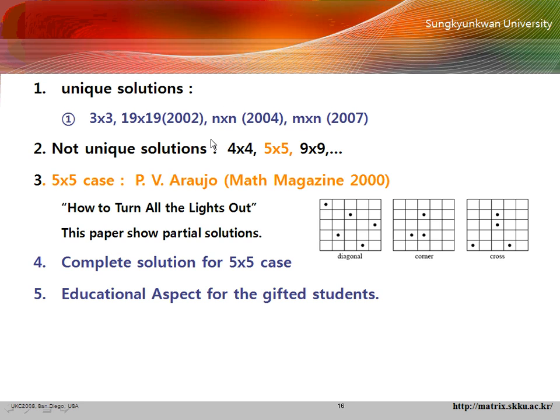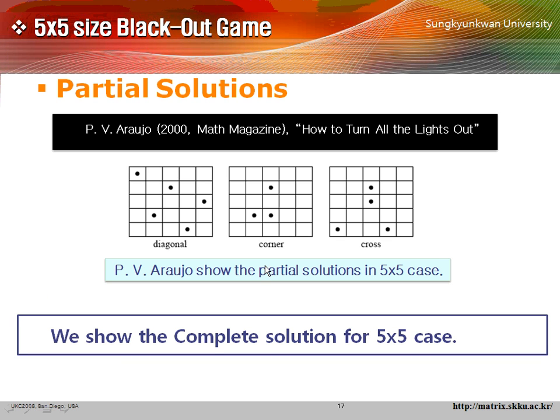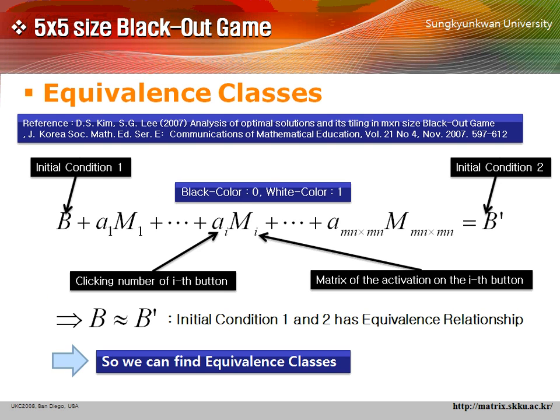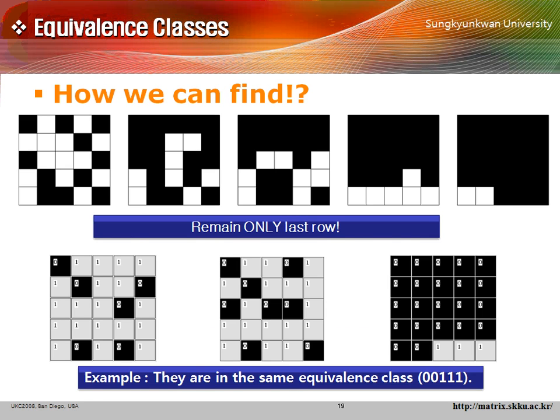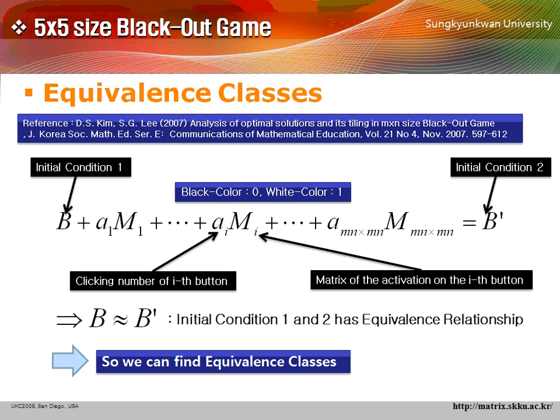If this classification shows for the case of 3 by 3, 19 by 19, and those, the unique solution cases were done, and for the non-unique solution case the research has been started. And for the 5 by 5 case, a partial solution was given, and the complete solution was given by us, and we completed it.